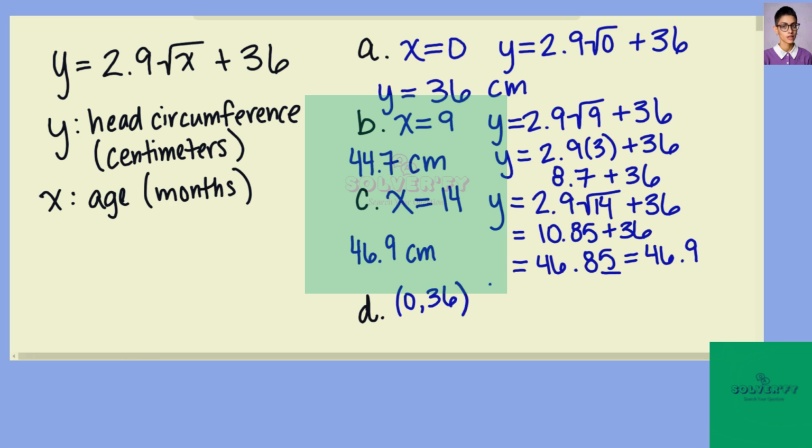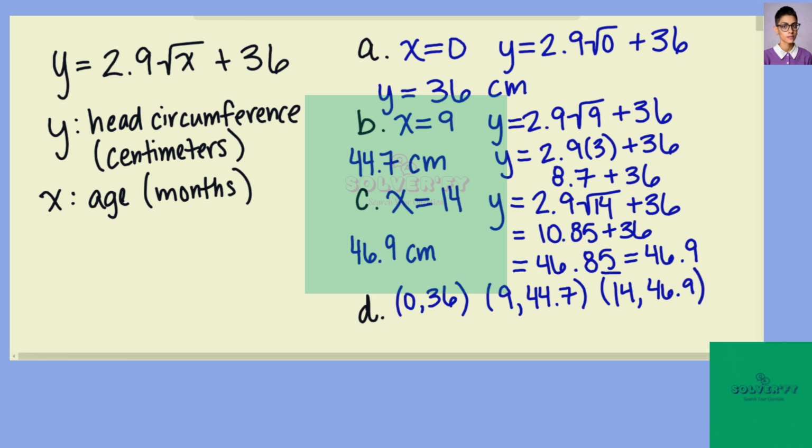For part B, we have another ordered pair. At 9 months, the circumference is 44.7. So you could think of that as an ordered pair, 9, 44.7. And finally, for part C, x was 14, and the corresponding y value, the corresponding circumference, was 46.9.